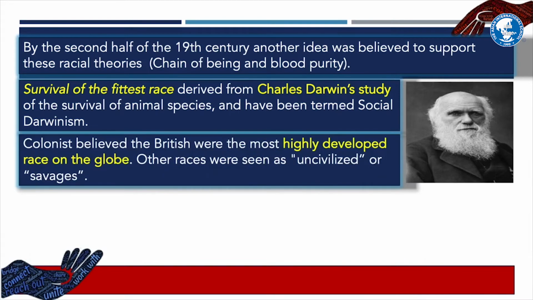So colonists believed that the British were the most highly developed race on the globe, and other races were seen as uncivilized, uneducated, savages or barbarians. So what's the idea of survival of the fittest race? That means the powerful and the strong races survive, and the weakest die.